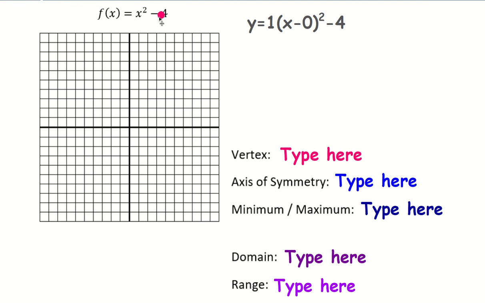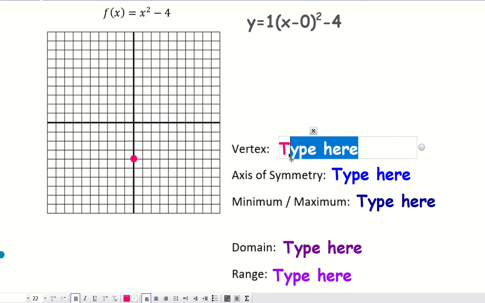So when you think about what is our h value and what is our k value, it looks like our h value is 0 and our k value is, sorry, negative 4. So our k value is negative 4. And so that means our vertex is (0, -4). And I guess I could write that in here.